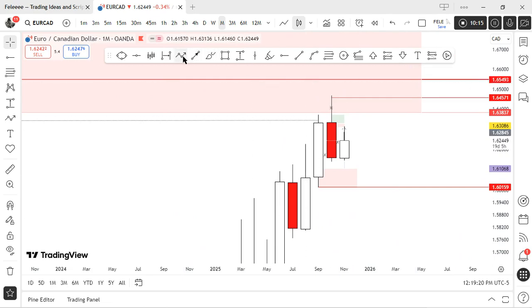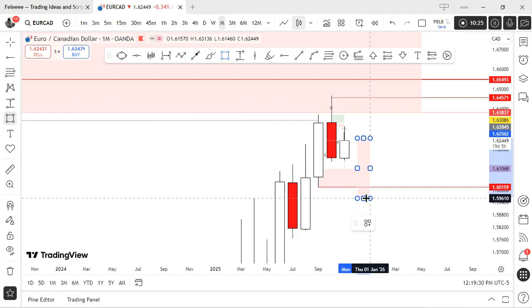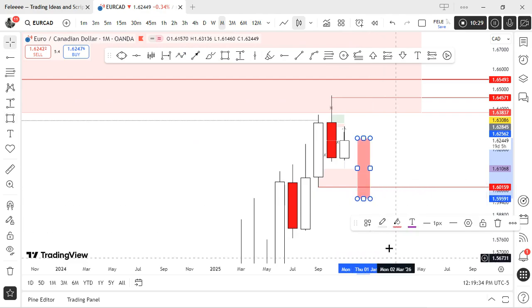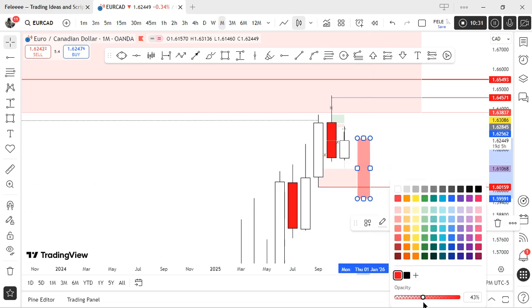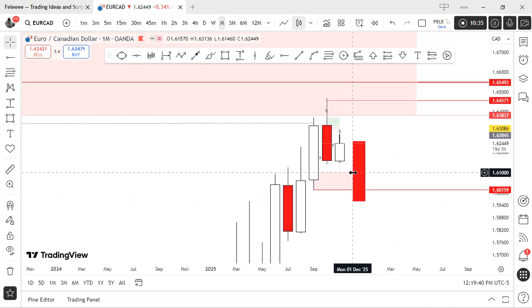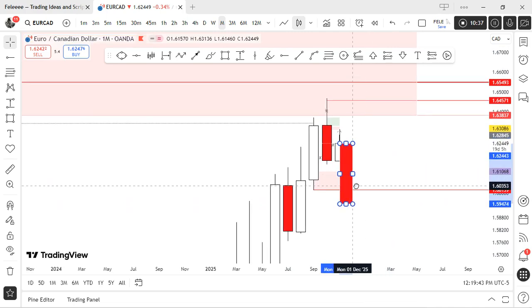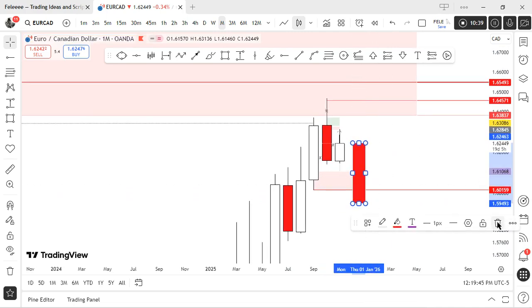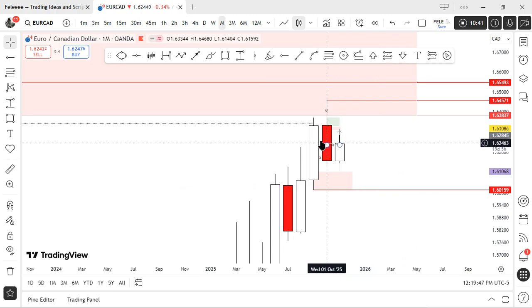But once we have a bearish move that closed below this zone, then this would have been an indication that price is still going to the downside. But this isn't what happened.